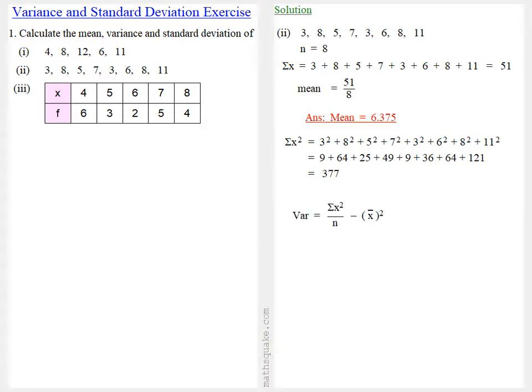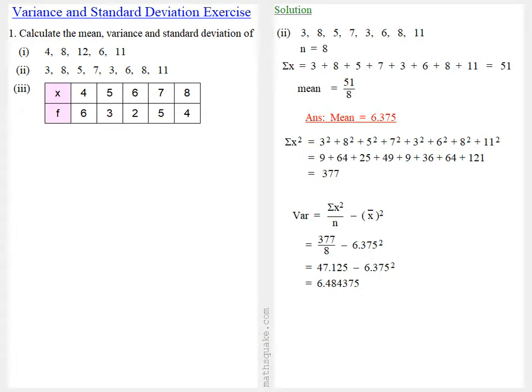Now the variance is the sum of the squares of the numbers divided by n minus the mean squared. So it's 377 divided by 8 minus 6.375 all squared, or 47.125 minus 6.375 squared. And that turns out to be 6.484375.